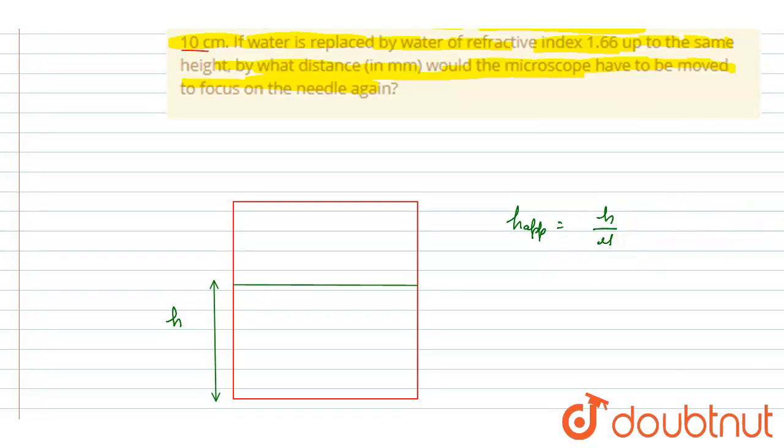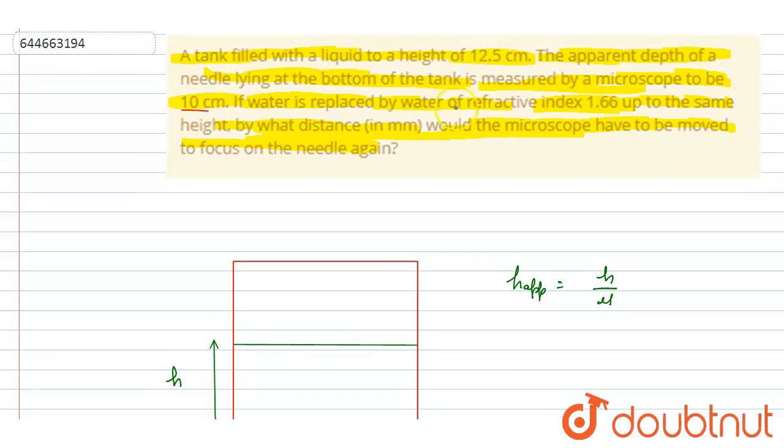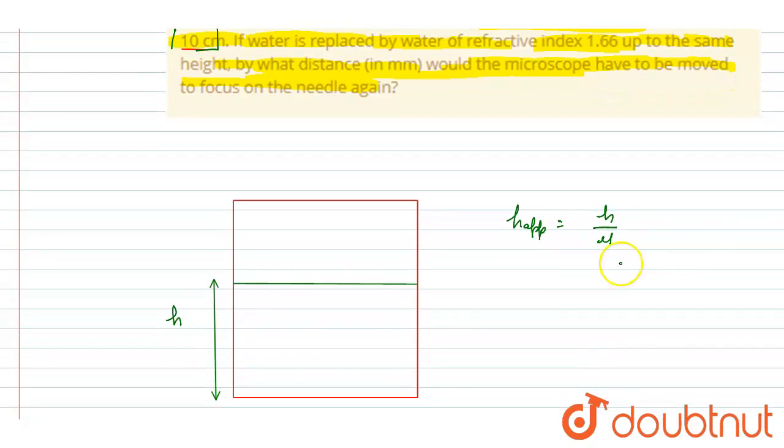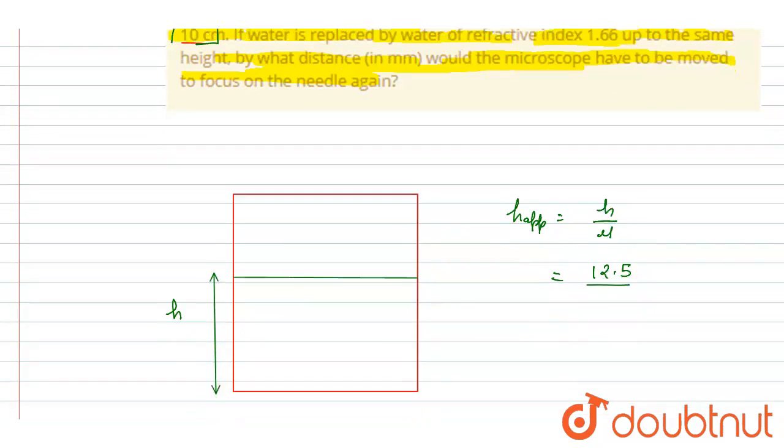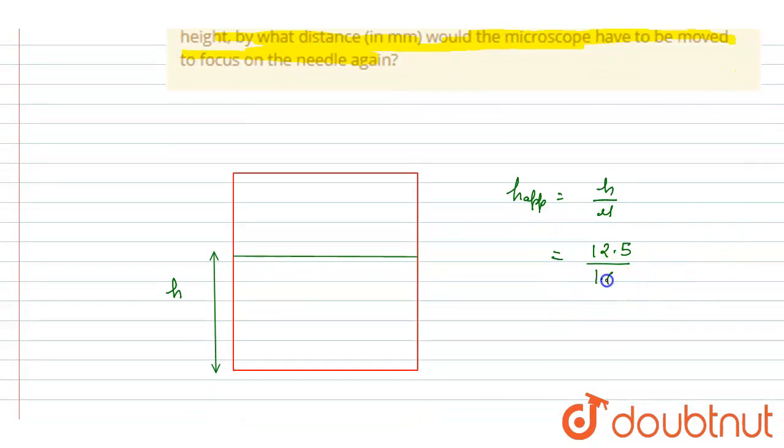Earlier the apparent height was given. You can calculate the new apparent height since you know that the height of the liquid is 12.5 and mu is now 1.66. So after division you will get the apparent height as this.